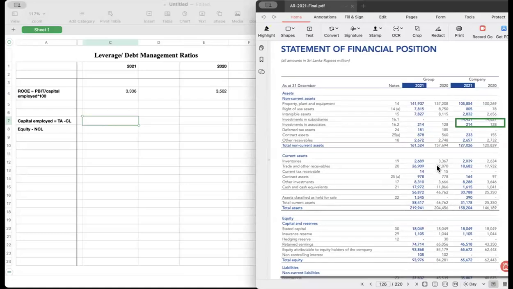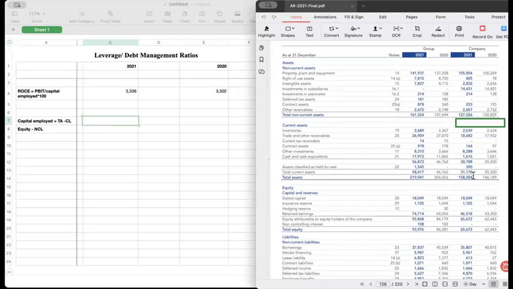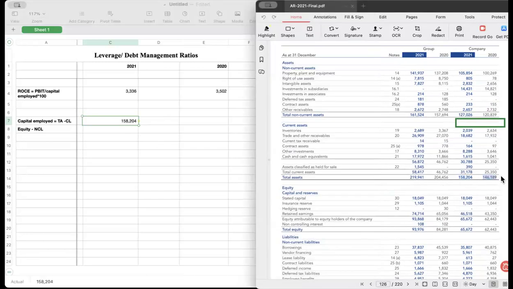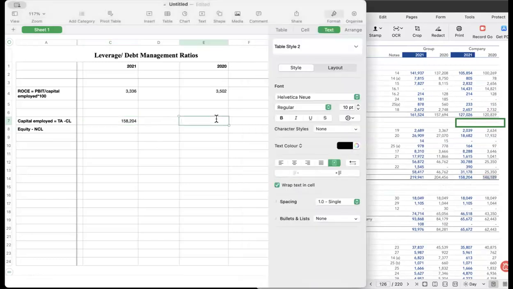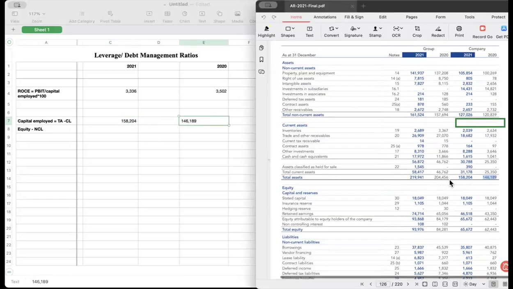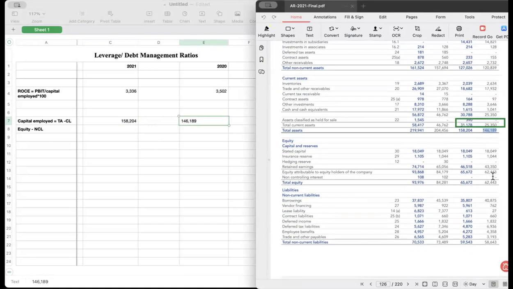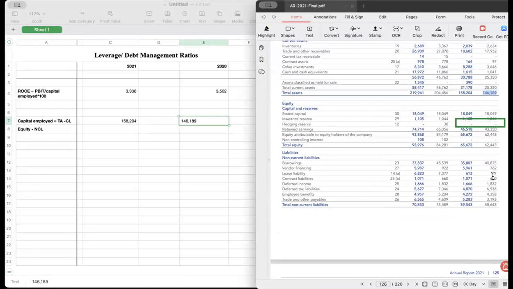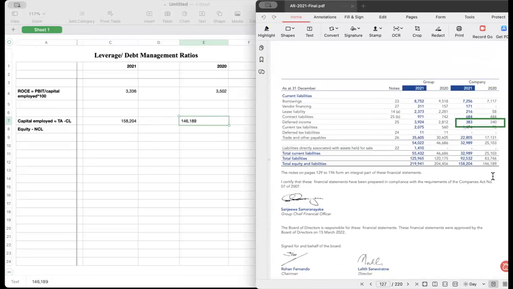Where's the total assets? So here we are going to take the total assets minus current liabilities. Did I take the total assets? Did I do it right? 2021, 2020, yes. Where are my current assets? Wait, total assets minus current liabilities, sorry.